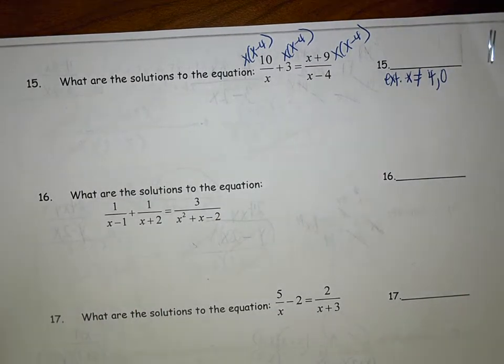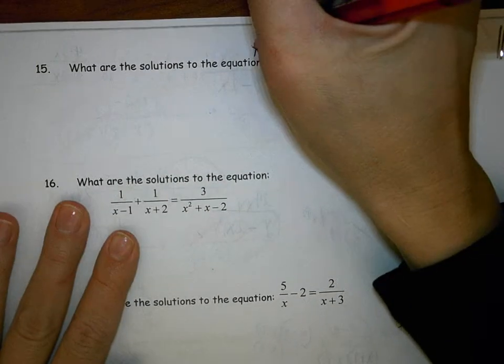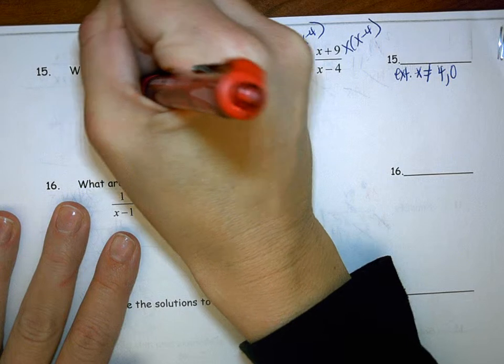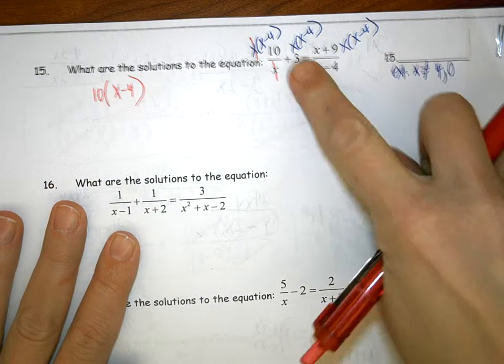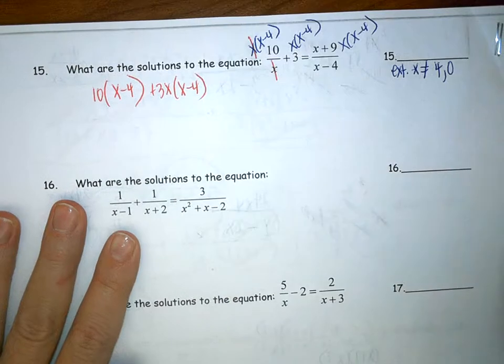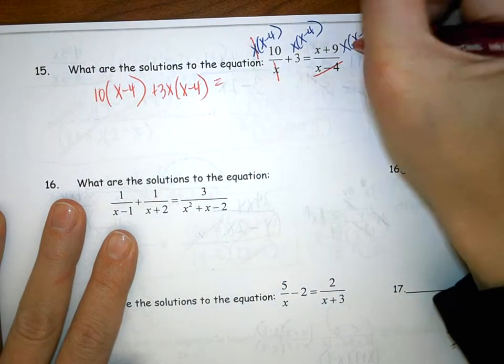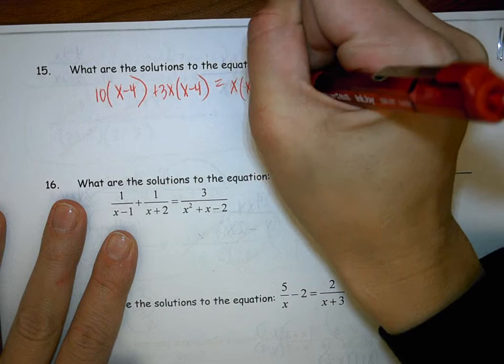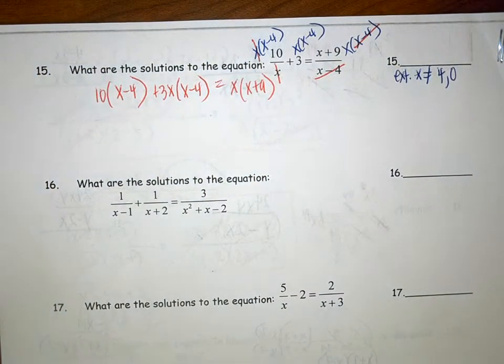Okay? All right, so on this first term, the x's cancel, and I'm left with 10 times x minus 4. The next one I have plus 3x times x minus 4. And lastly, the x minus 4's cancel, and I'm left with x times x plus 9. Now I'm going to distribute.